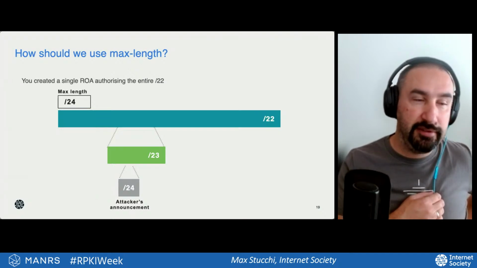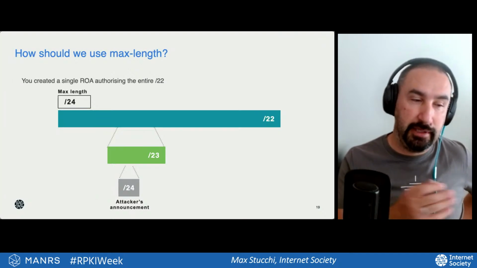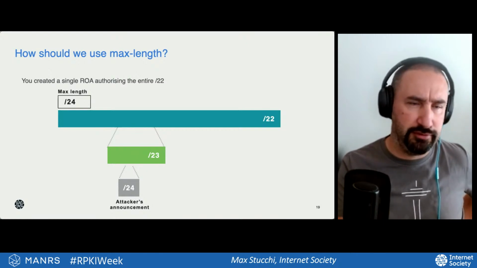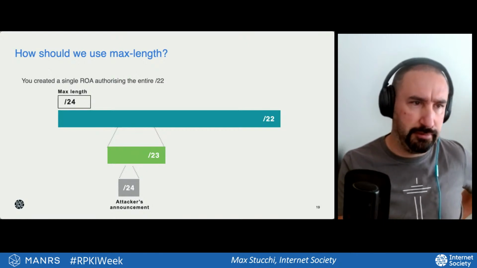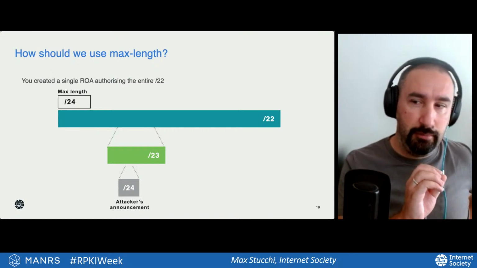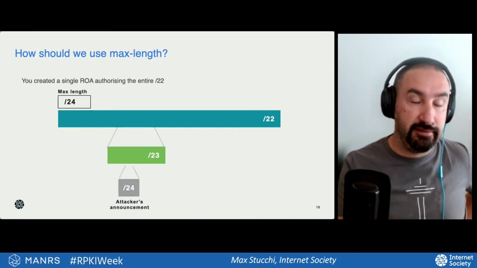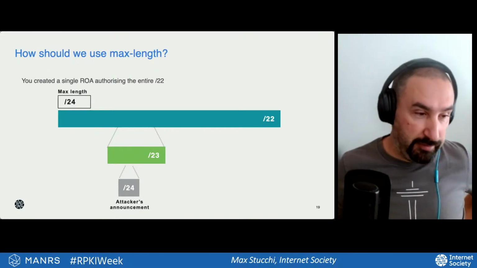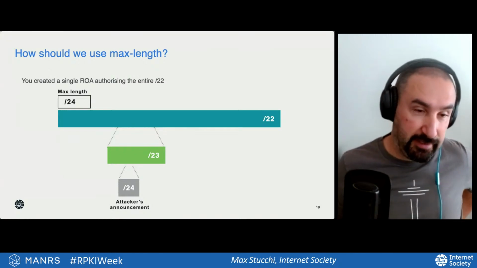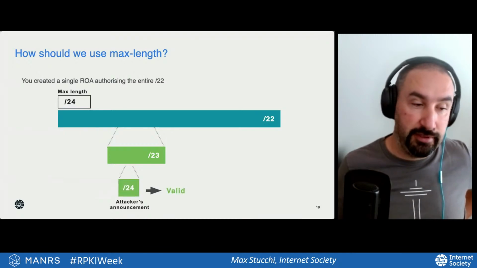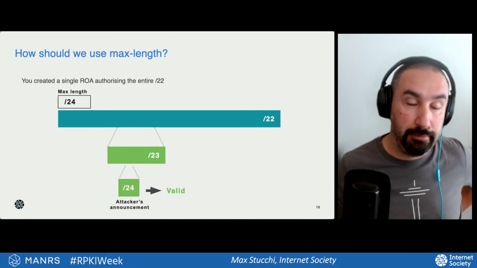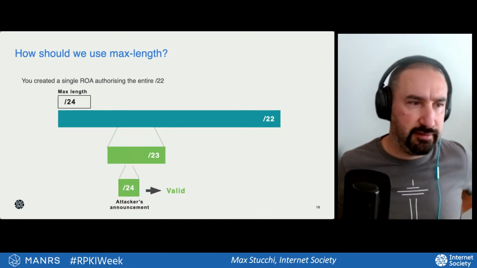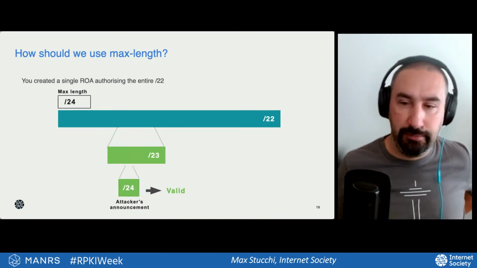And what is the trick here? The trick is that by setting up this router, which can be a very simple software router, you can do it in 20 minutes, with the origin ASN the same as in the ROA, the prefix length and max length are allowing this to pass. So this would be perfectly valid. RPKI would not be able to identify that this is coming from an illegitimate source.